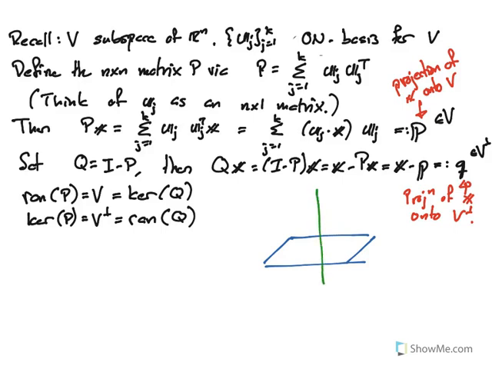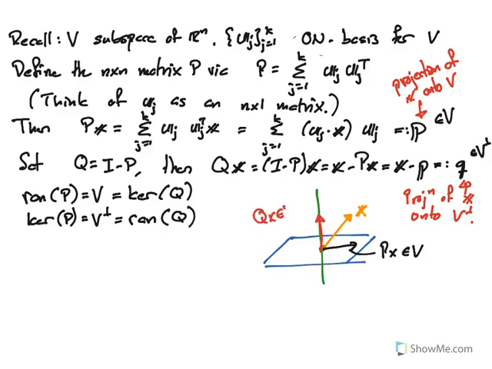Remember, the figure looks something like this. Given a vector x, you have Px, or maybe I should use a different color. So Px belongs to V. And do we have any colors left? Yes.